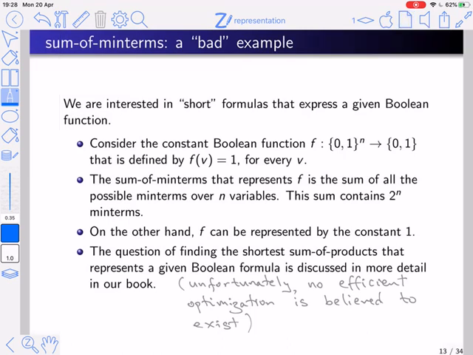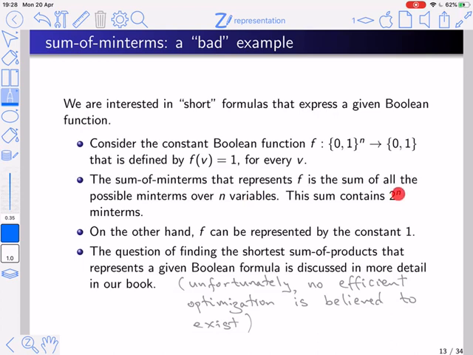Suppose we are interested in short formulas that express a given Boolean function. Consider the constant Boolean function f that always gets the value 1. Now, the preimage of 1 is the set of all minterms. The number of minterms over n variables is 2 to the n.